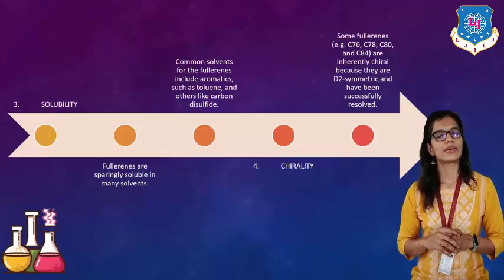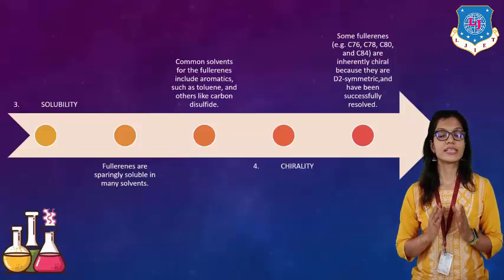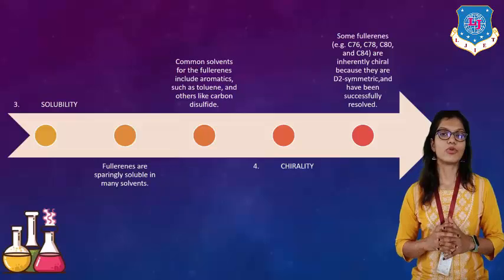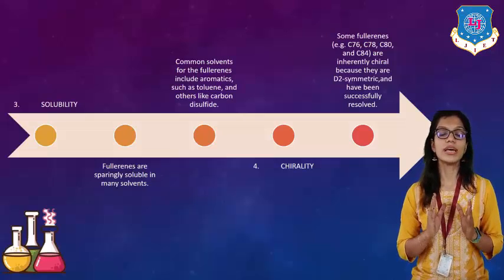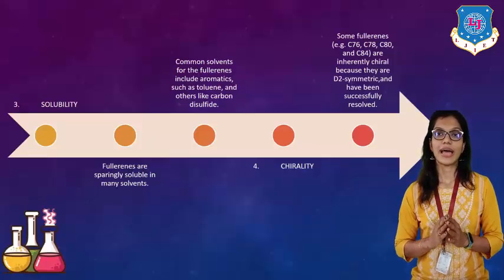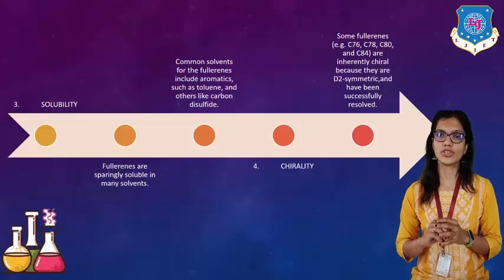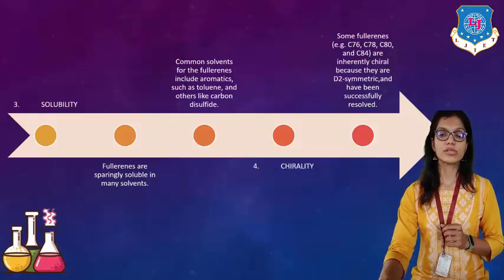For example, some fullerenes like C76, C78, C80 and C84 are inherently chiral because they are D2 symmetric and have been successfully resolved. Okay. It has been observed that if you increase the number of carbons in it, their chirality or their own properties will change, because this is frequently observed in nanomaterials.